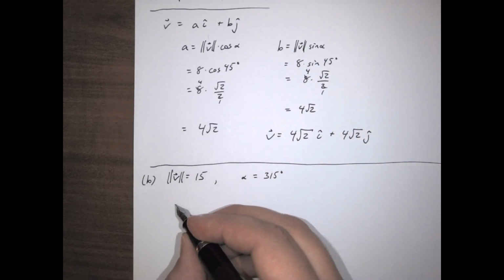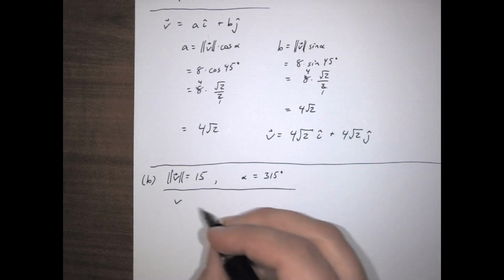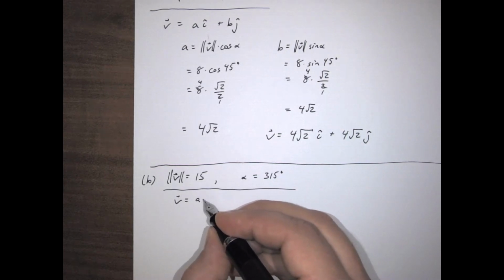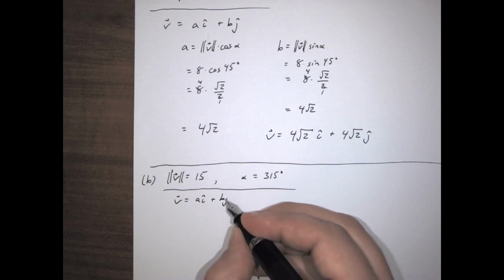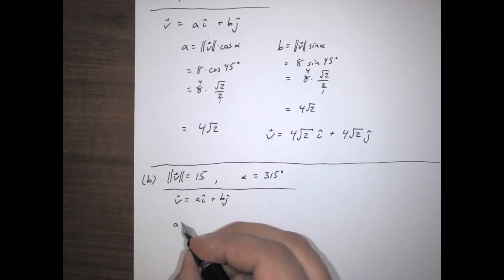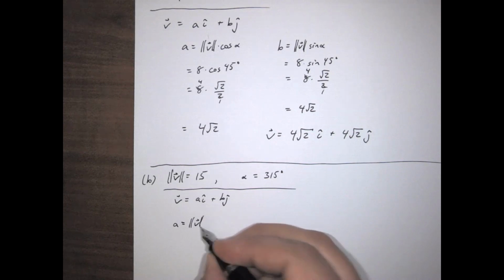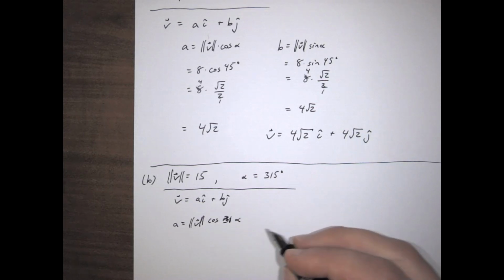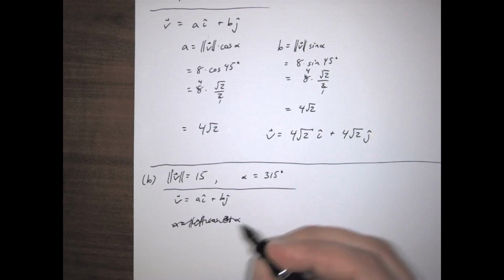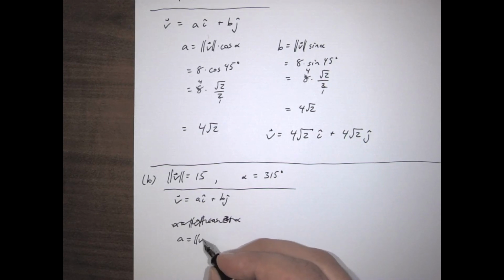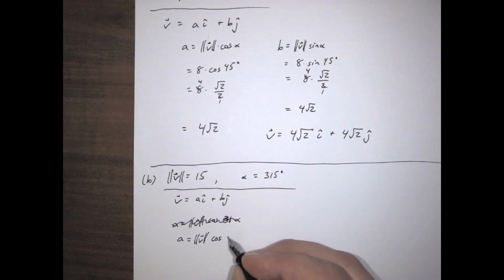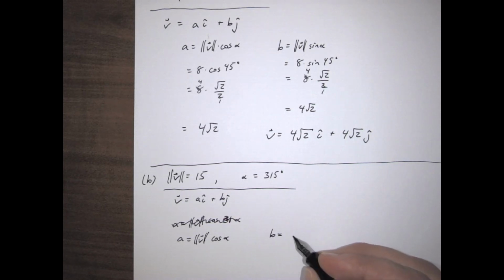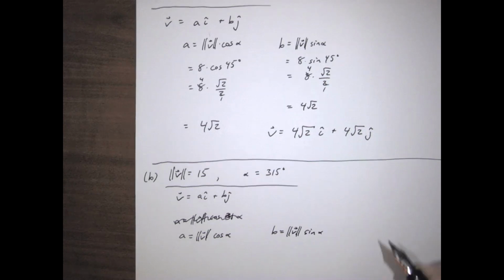Well, once again, my default setup here, V equals ai plus bj. a is the magnitude of V cosine alpha. b is equal to magnitude of V sine alpha.